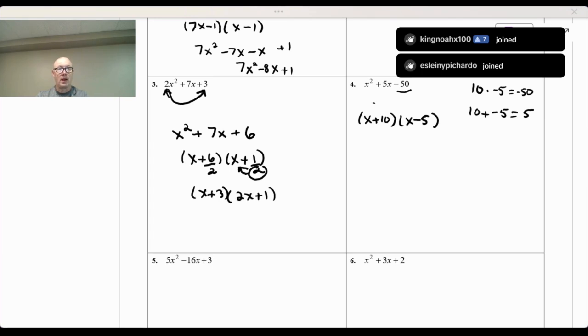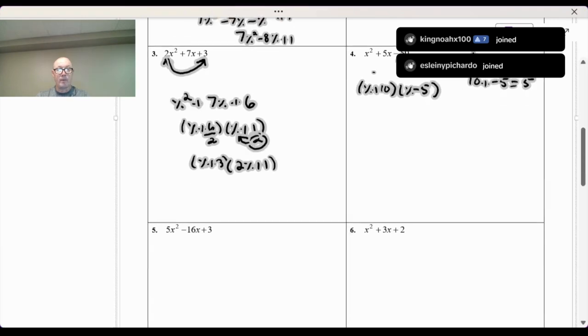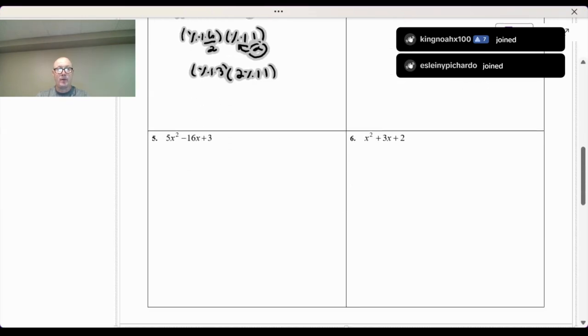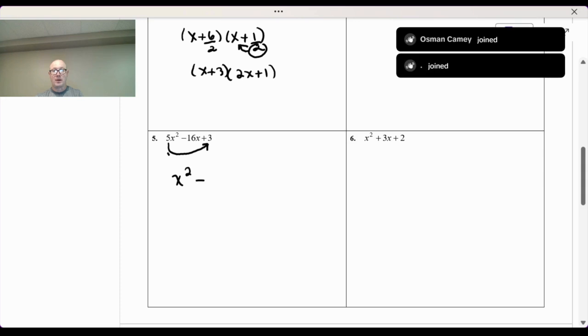Okay, so next one, we have a 5 out front. So what do we do with a 5? Well, again, this is a slide and divide because we have a 5 instead of a 1, so I have to multiply that 5 by 3. So I would get x squared minus 16x, and then 5 times 3 is positive 15. Two numbers multiplied together give me 15, but when I add them together, I get negative 16.